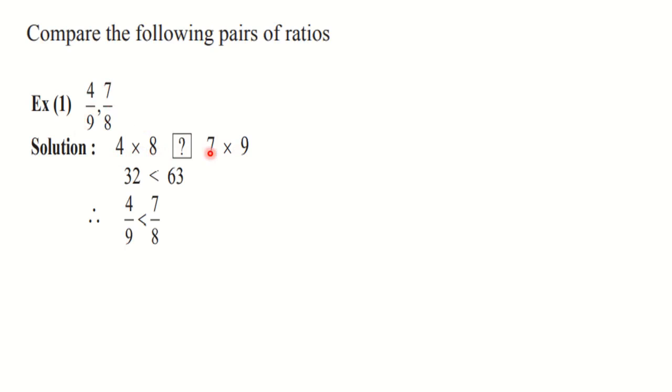So 4 into 8 and 7 into 9 we are comparing. So 4 into 8 is 32 and 7 into 9 is 63. You can observe that 63 is greater than 32 here, or 32 is less than 63. That is why the first ratio is smaller than the second ratio. Okay. So this way you are going to compare.